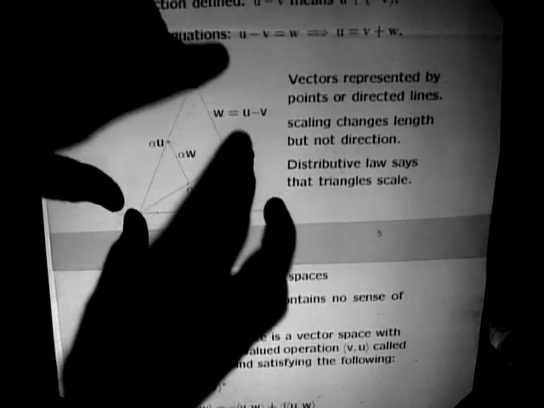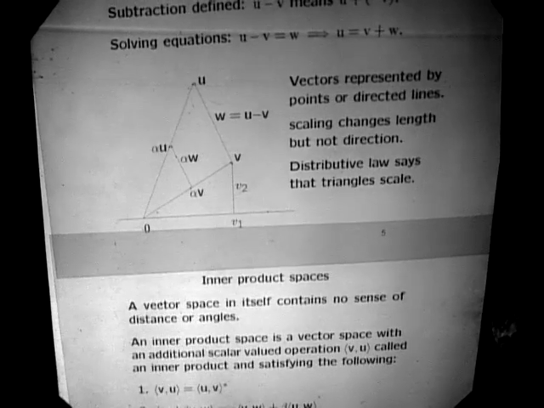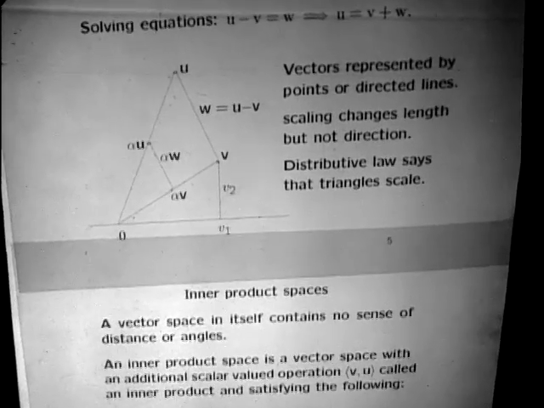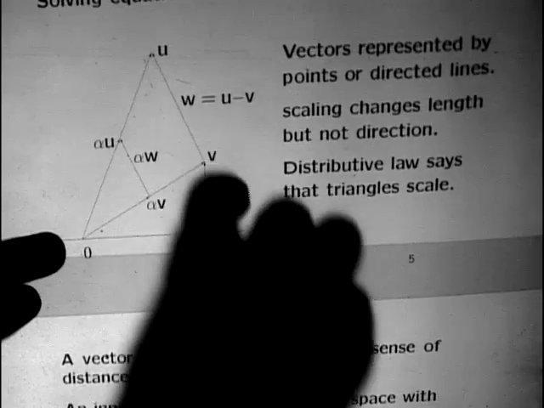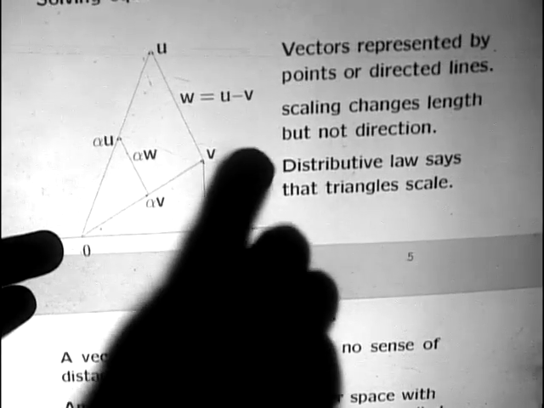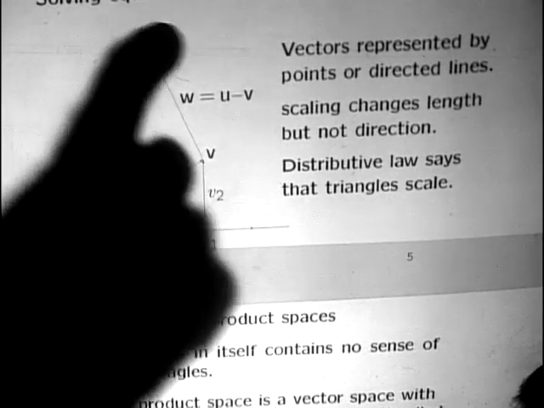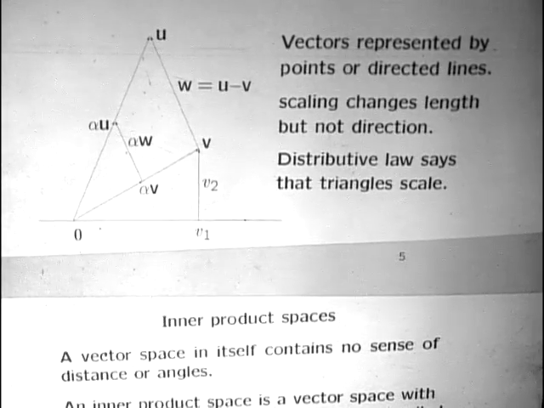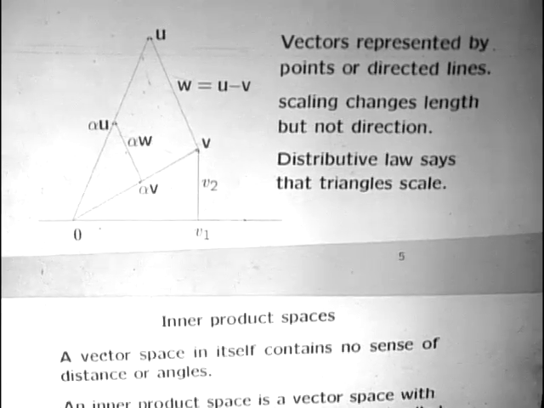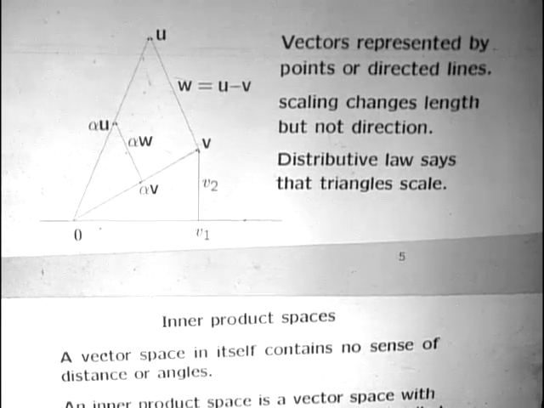When I took these triangles, we scaled down the triangle, and the triangle was maintained. But in fact, I could do this just as well if I took v and moved it down here, almost down on this axis, and if I took u and moved that almost down on the axis, I'd have the same picture, the same kind of distributive law, and everything else.